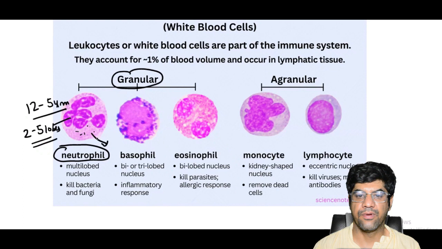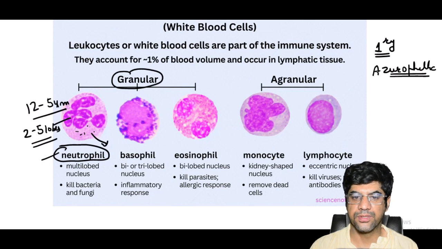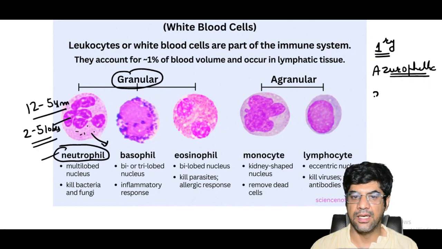Now, what are the types of granules that you would see in neutrophils? The primary granules, we discussed, are known as azurophilic granules. They are large and coarse. They contain hydrolase, elastase, defensins, protein, etc. Other are the secondary granules.